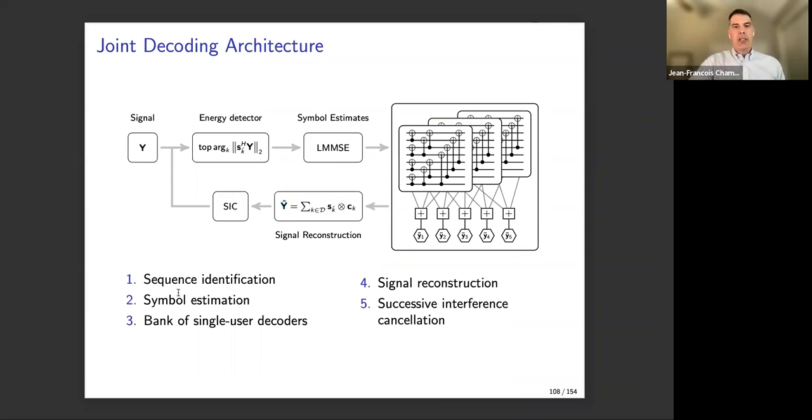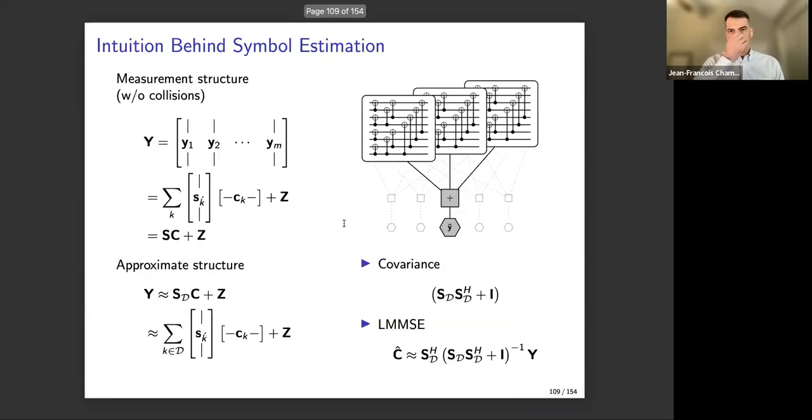So again, in summary, I start with sequence identification, then I do linear MMSE at the symbol level. I sort the outputs and pass them to a bank of single user decoders. After that, I reconstruct my signal and do successive interference cancellation, and then I go around this decoding architecture again.